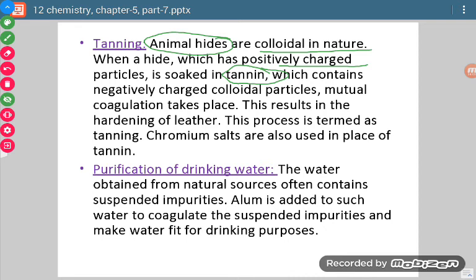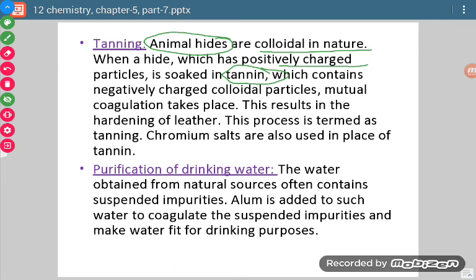Whatever is the charge on that raw leather, opposite is the charge on the solution. Okay. Which solution? Tannin solution. So when we dip that raw leather in a tannin solution, then on the surface of raw leather, the process of coagulation will occur. Okay. Now when the process of coagulation occurs, just like you saw in the bleeding case, there was formation of a clot, which prevented the further flow of blood. So similar is the case here.